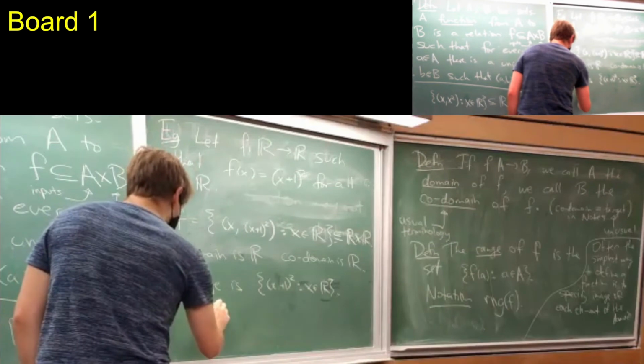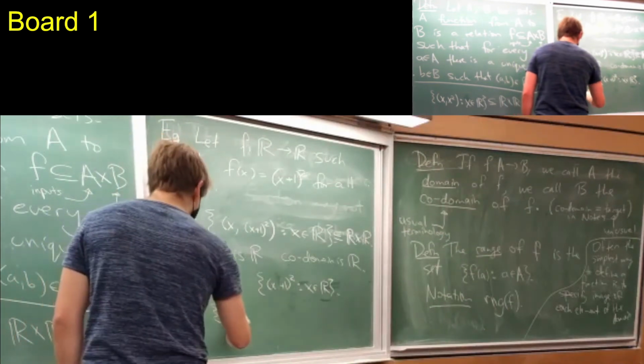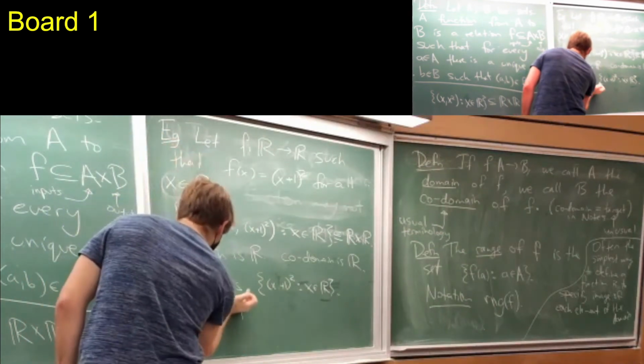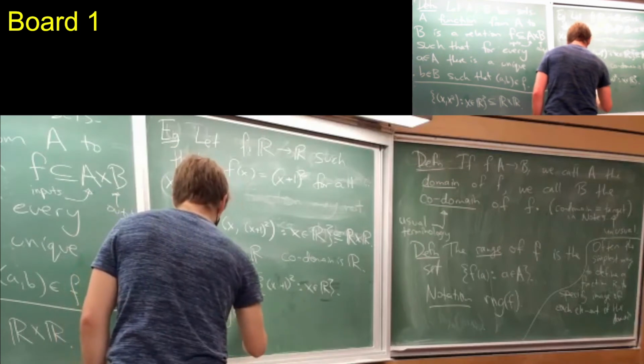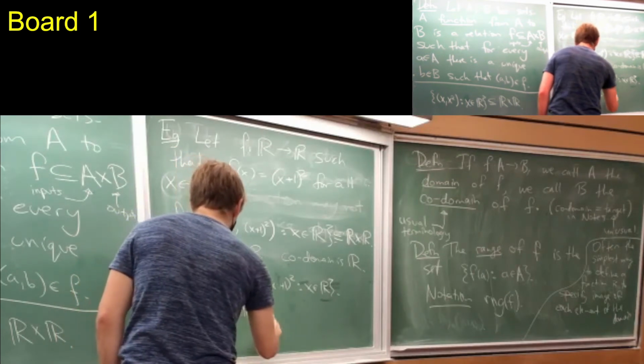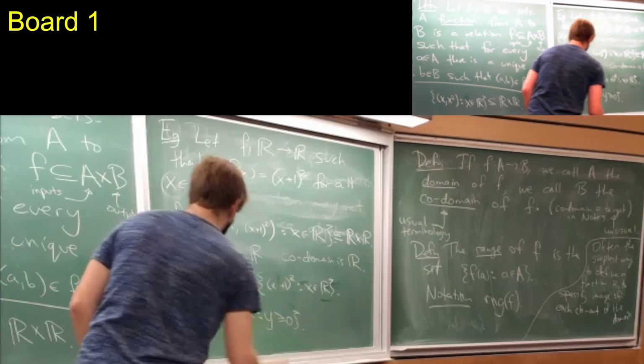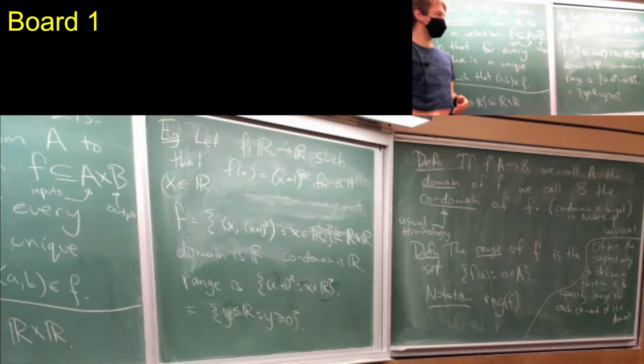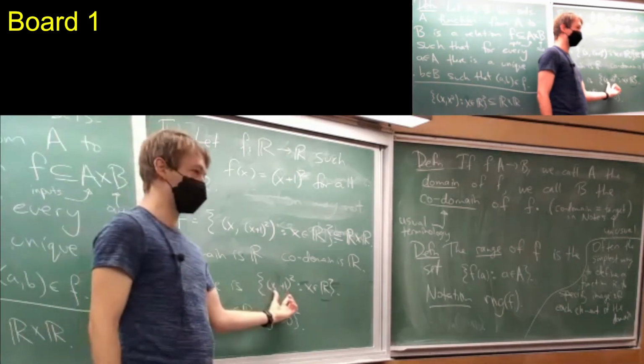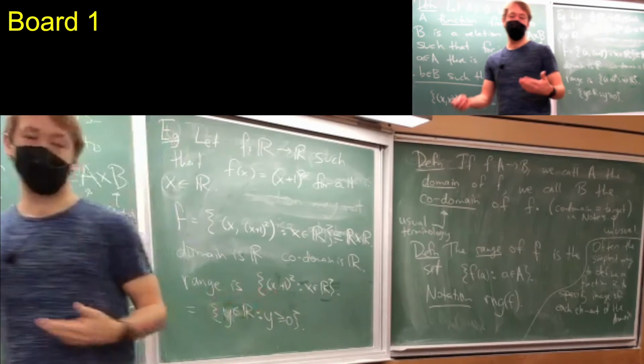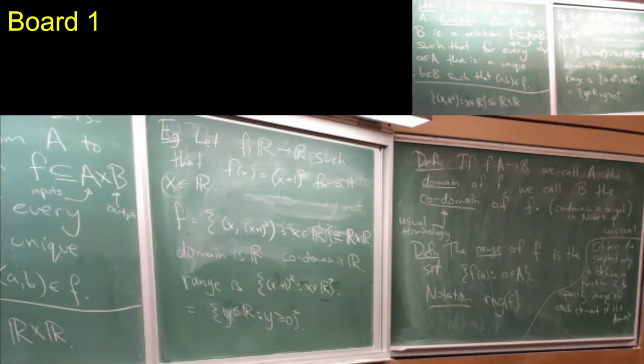So this is going to be the set of all y in the reals such that y is at least 0. So it's all the non-negative real numbers, because if you square a real number, it's always non-negative. So you can't get -1, for example. Okay.